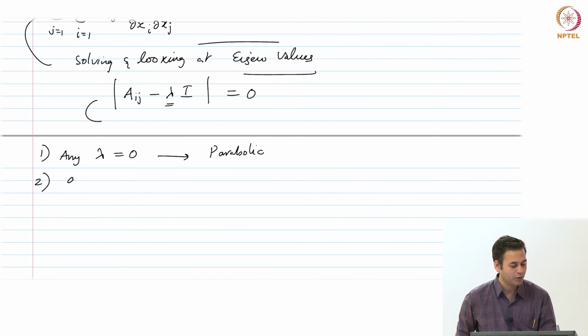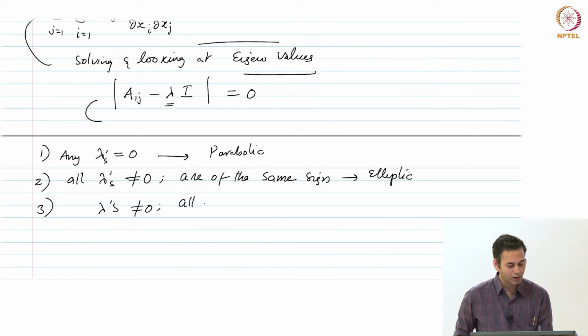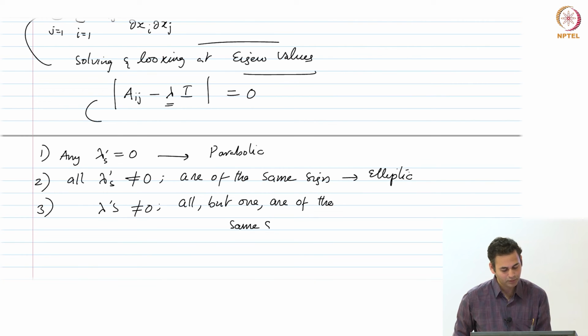If all the lambdas are not equal to 0 and are of the same sign, then we are going to call it an elliptic type of problem. If all the lambdas are not equal to 0, but all but one are of the same sign, then we are going to call it a hyperbolic type of equation.